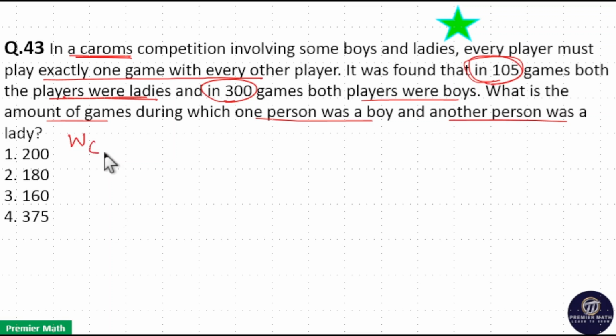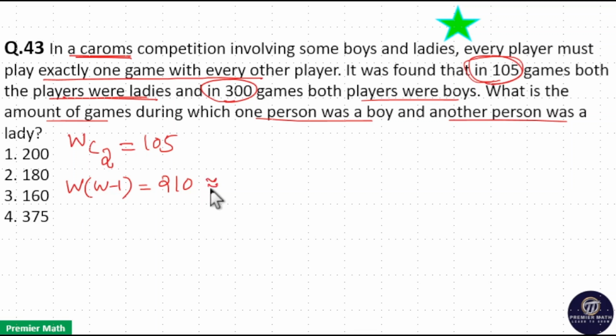Now, the number of selections of 2 players out of these W players is the same as the total number of games played by these W players, which is 105. Simply, n into n minus 1 divided by 2 is equal to 105, which is exactly the same as nC2. That is, the number of selections of 2 players out of n players is the same as the total number of games played by these n players. So here, W into W minus 1 is equal to 2 factorial into 105, which is 2 into 105, 210.